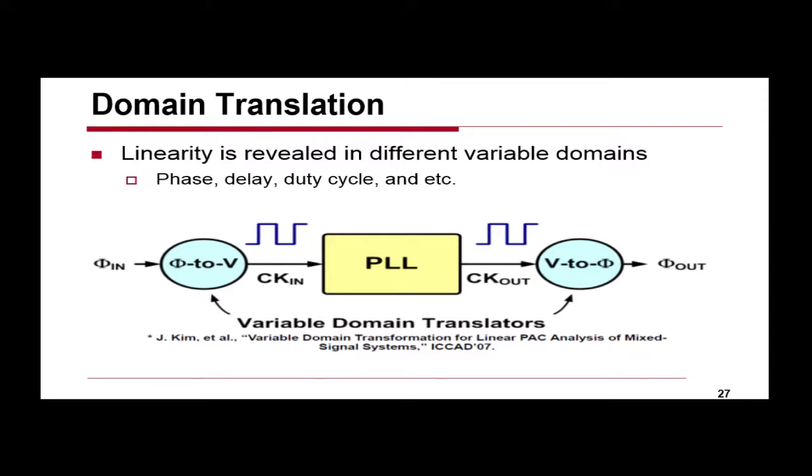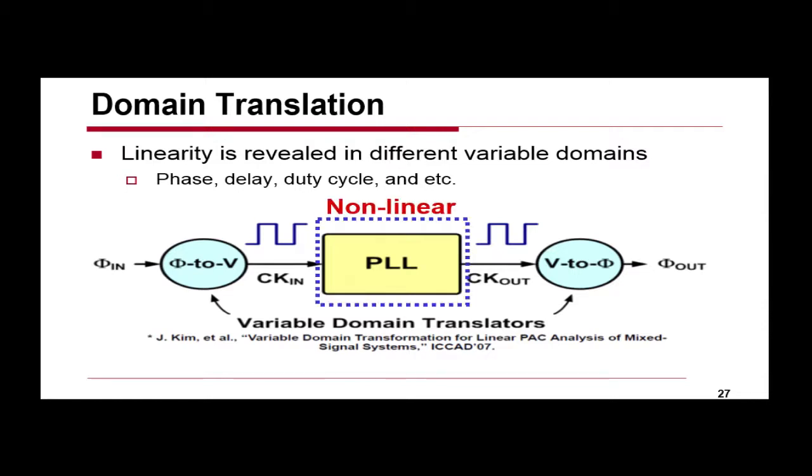For those who don't know, a PLL is just an analog system that takes an input clock and creates an output clock that is some frequency multiple of that, or is in some phase relation to the input clock. Its input is basically a square wave, and its output is basically a square wave, and there's no way that's a linear system.